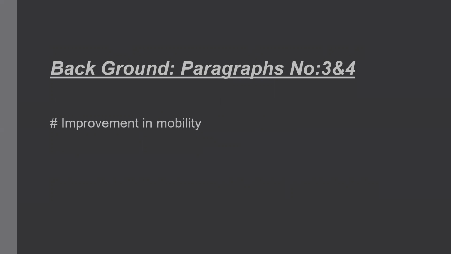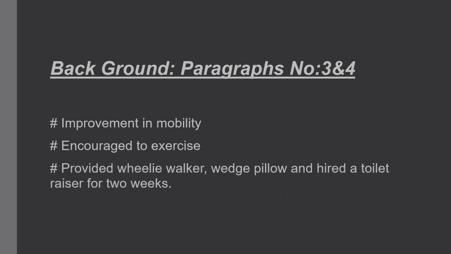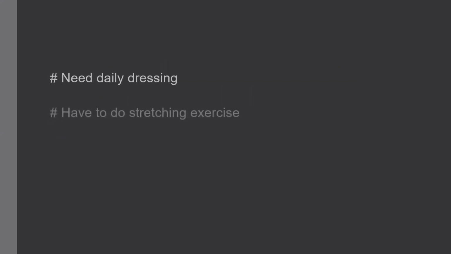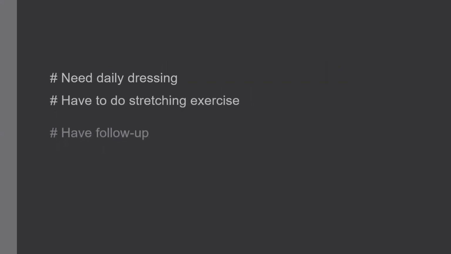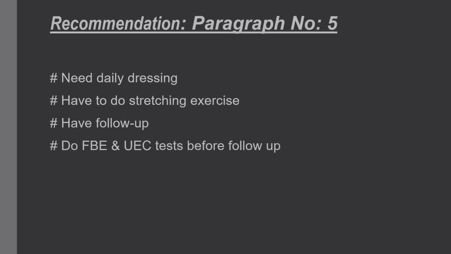So we have to write about the improvement in mobility, and also they said we have to go with some exercises, encouraged to exercise at that time, and provided a walker, wedge pillow, and a toilet raiser for 2 weeks. Okay, that one finished. And the next thing is what we need: daily dressing, stretching exercises, a follow-up, and FBE and UEC test before the follow-up, right?